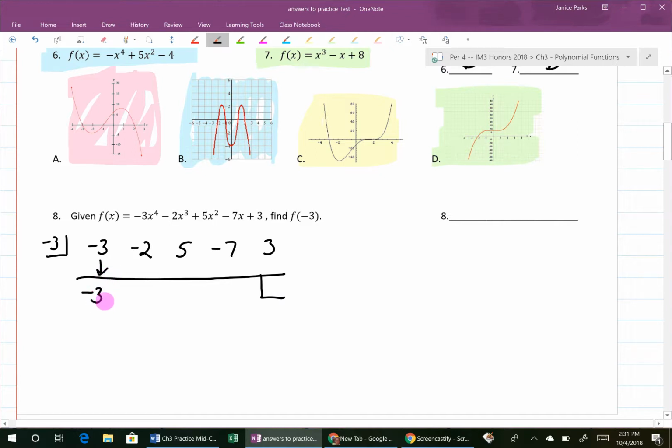So we have negative 3 times negative 3. We add on the way down, multiply on the way up. Add, multiply by negative 3. And we get negative 120. So f of negative 3 is equal to negative 120.